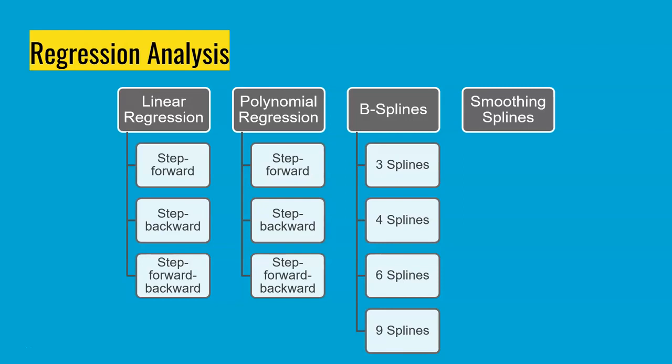We started off with a linear regression, then we ran a step forward, step backward, and step forward-backward in order to find the best coefficients to include in the model. We repeated the same process in a polynomial regression. We created 4 B-splines models with 3, 4, 6, and 9 splines.